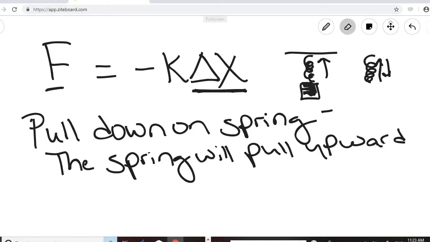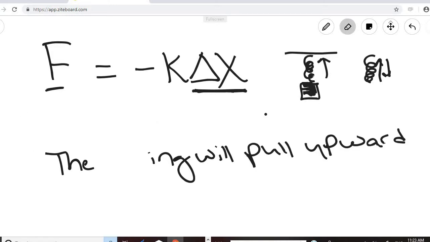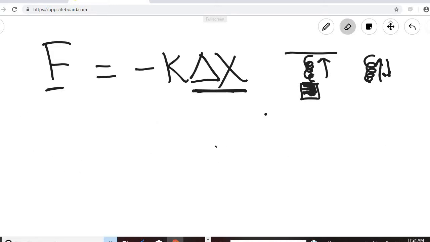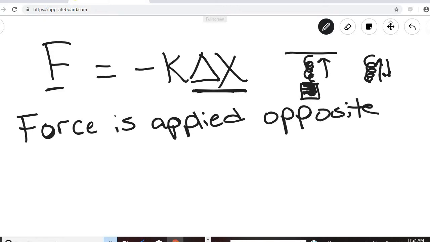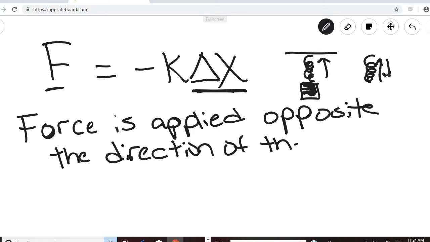Let me write that up here. The force is applied opposite the direction of the displacement.